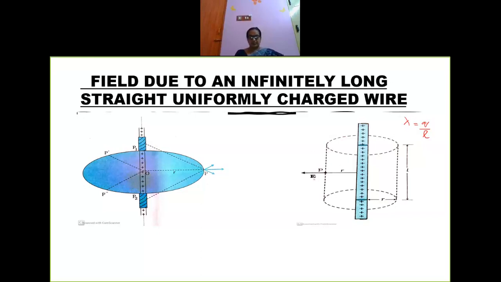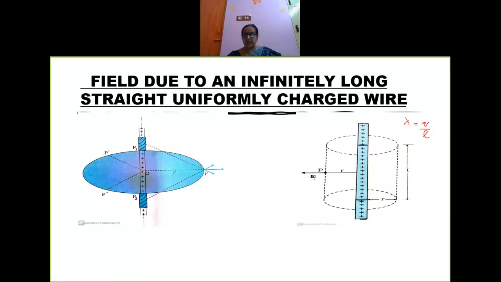So, to determine the electric field due to this long straight wire, I need to consider a Gaussian surface. Now, we take a Gaussian surface of radius small r from the line charge. The Gaussian surface is a cylindrical surface, and there are three parts in this diagram children.